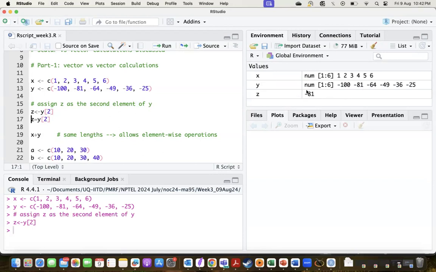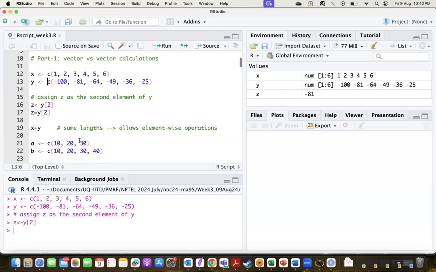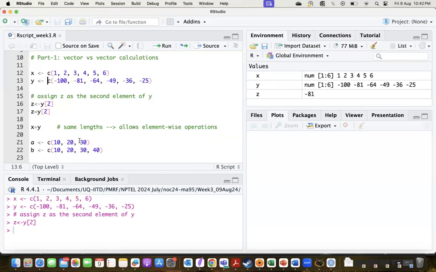So I get the value of z as minus 81. I could also do it through the equals sign. And you can see here that any spaces before or after the operators do not matter. It is up to you, just for clarity's sake, how readable you want the code to look.